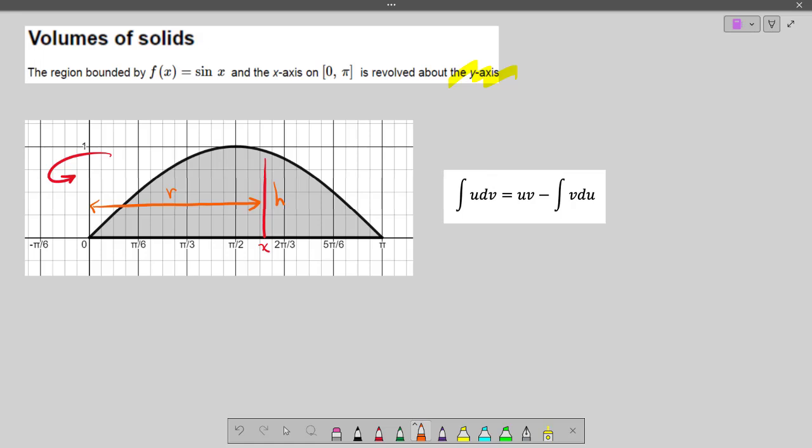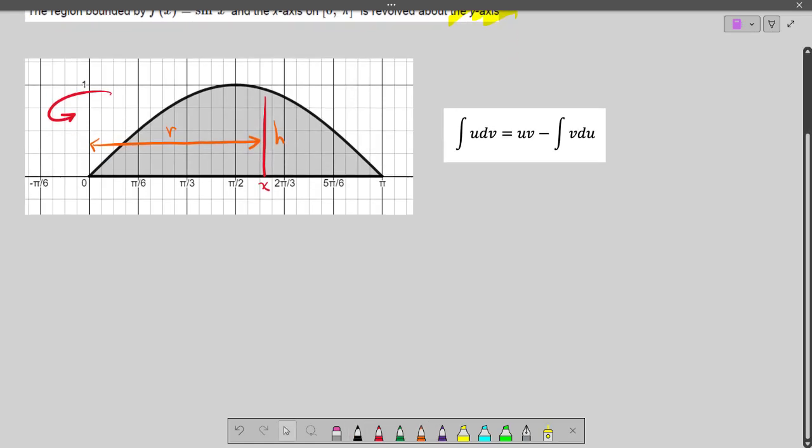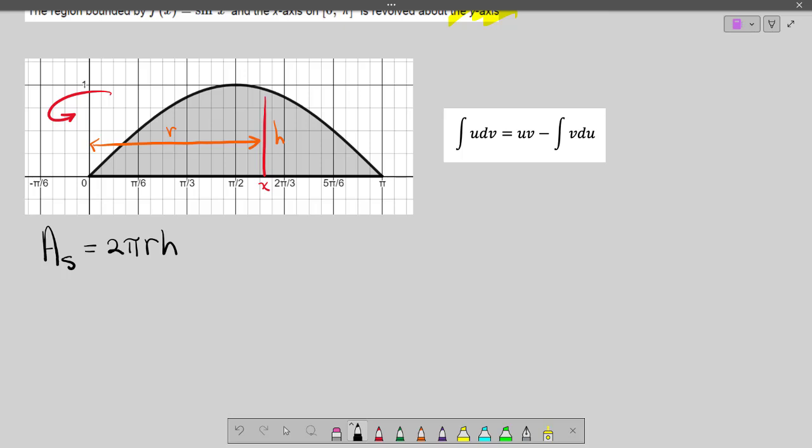So let's refresh. We are finding the area of a cylinder or a shell. That's 2 pi times the radius times the height. 2 pi r is the circumference multiplied by the height. That gives us the area of the cylinder. Now, we chose a vertical integration element. How thick is that vertical integration element? dx.